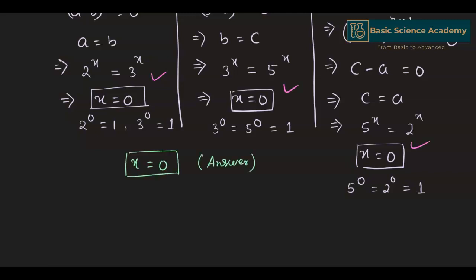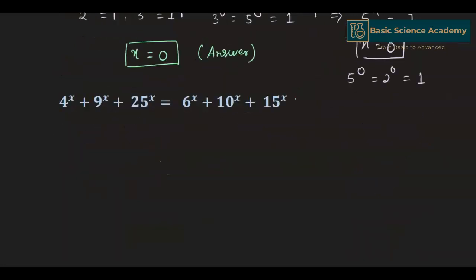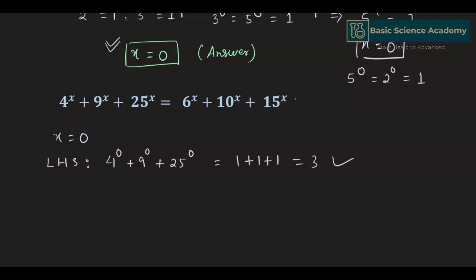We can also confirm the answer by putting x is equal to 0 into the original equation. For the left hand side, putting x is equal to 0 gives us 4 to the power of 0 plus 9 to the power of 0 plus 25 to the power of 0 is equal to 1 plus 1 plus 1, which is equal to 3.